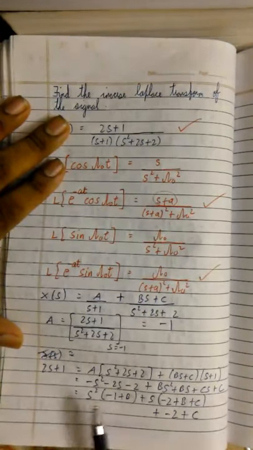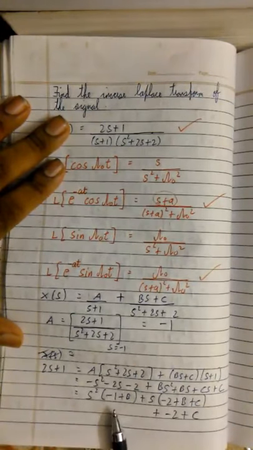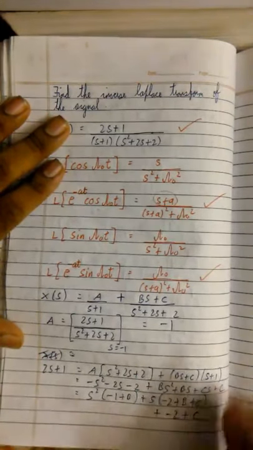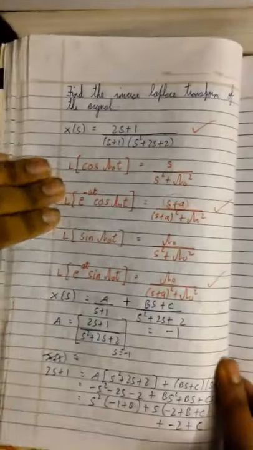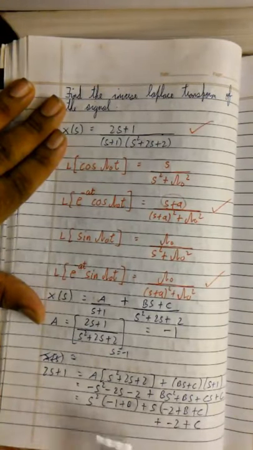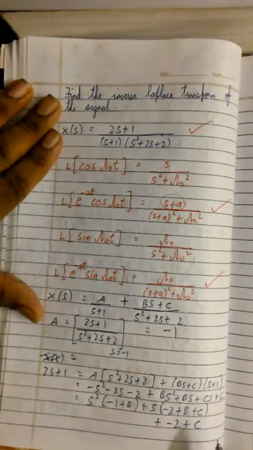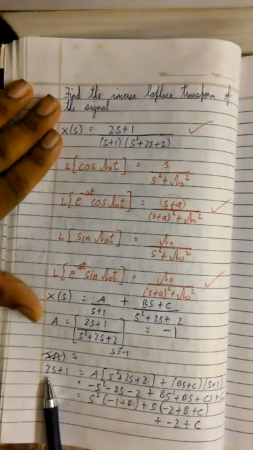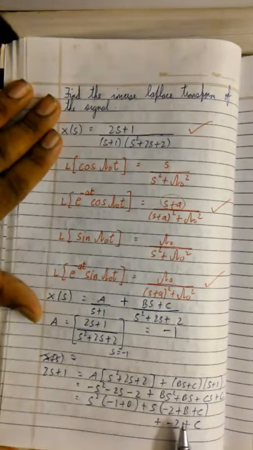So here the coefficient of s square is minus 1 plus b, which means minus 1 plus b is equal to 0, therefore b is equal to 1. Okay, and now I can take any one of these two coefficients. Let me compare the coefficient of s. Here the coefficient of s is 2, and here the coefficient of s is minus 2 plus b plus c.